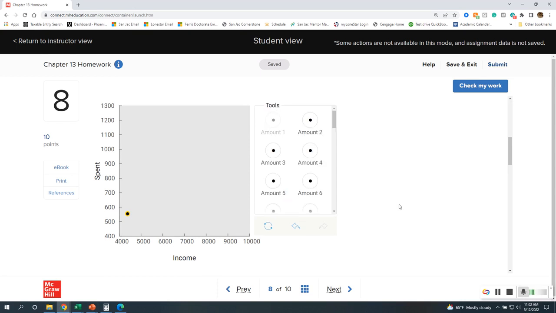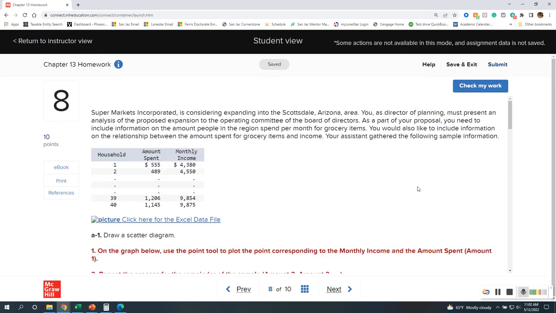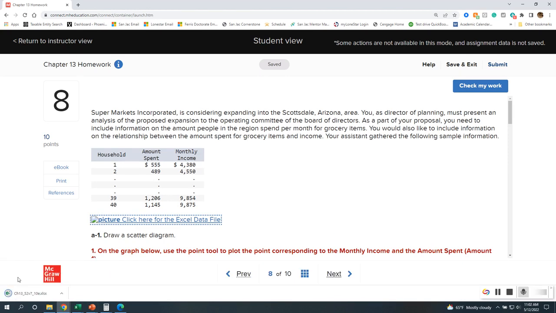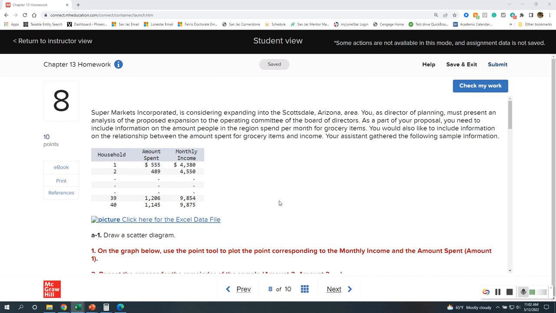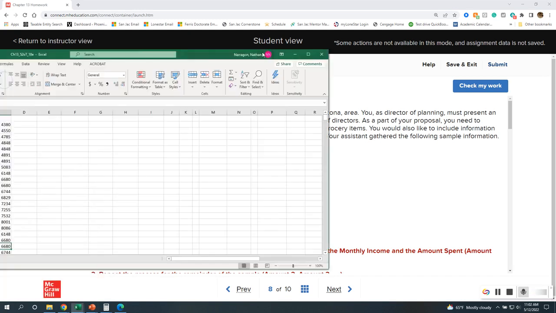So that would have been my first dot. Fortunately, as you can see, it doesn't show all 40, so we would have to bring out our Excel to see all of our numbers.